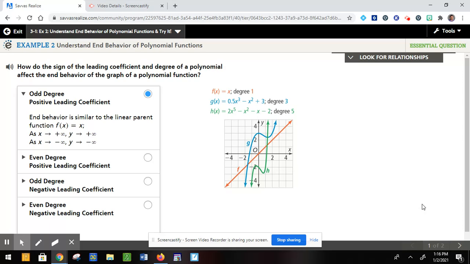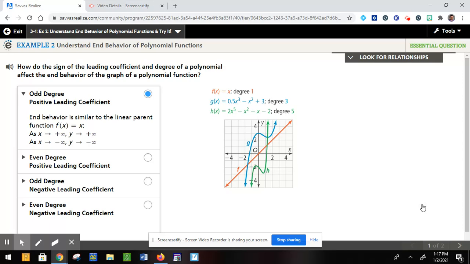That's what positive infinity means. As x approaches negative infinity, as it's going to the left, y is going down. So it's falling to the left, rising to the right. One side is going up, one side is going down.